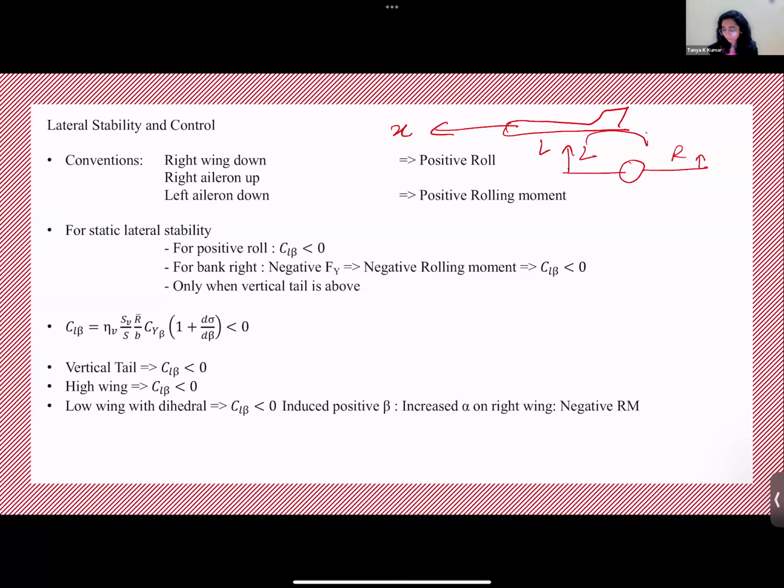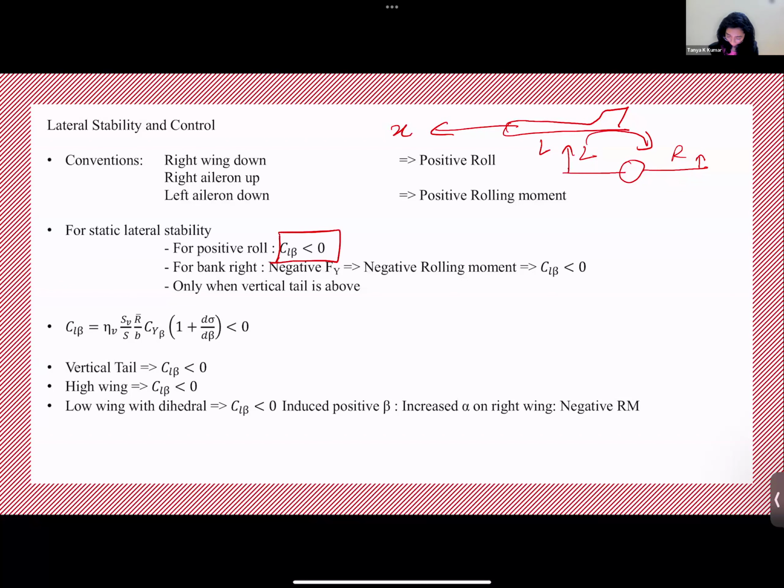So it will produce a positive rolling moment. So right wing going down is positive rolling moment. If I deflect my right aileron up and left aileron down, it produces this same positive rolling moment. Okay. Now for static lateral stability, the only condition is that Cl beta should be less than 0.